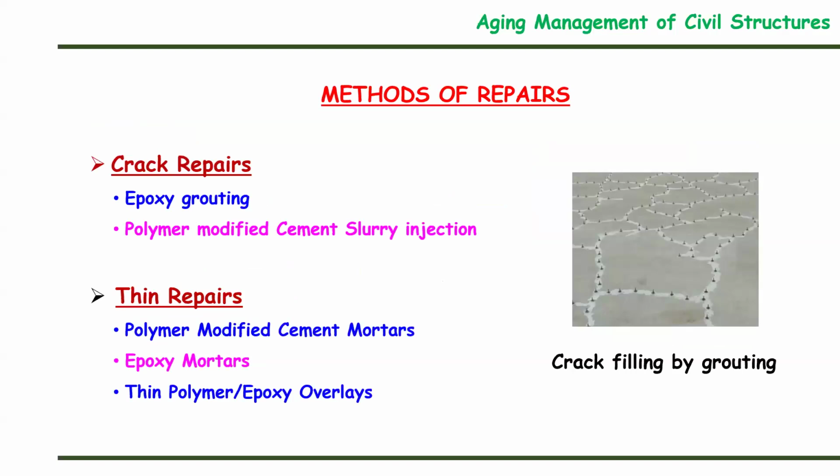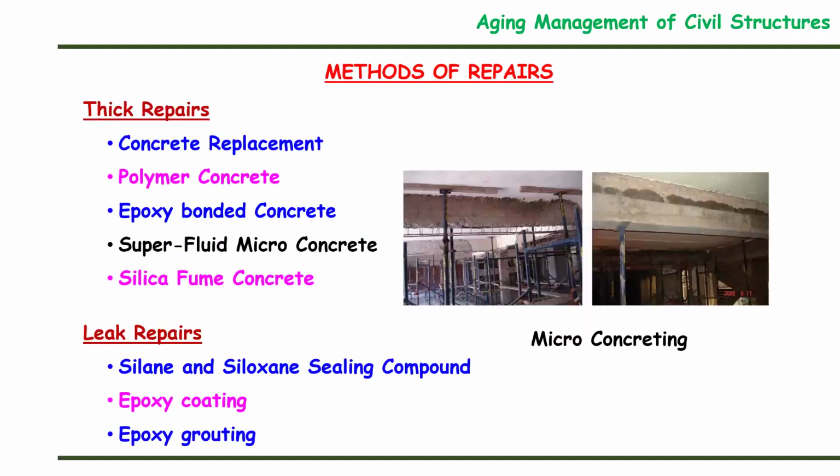Cracks can be repaired using epoxy grouting. They can also be repaired using polymer modified cement slurry injections. Thin repairs can be carried out using polymer modified cement mortars, epoxy mortars, and thin polymer epoxy overlays. Thin repairs mean there are very small cracks at very few locations.